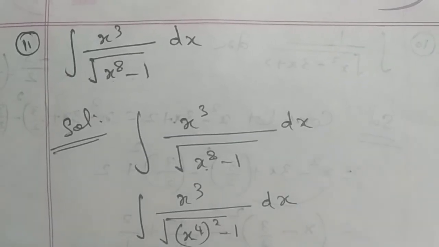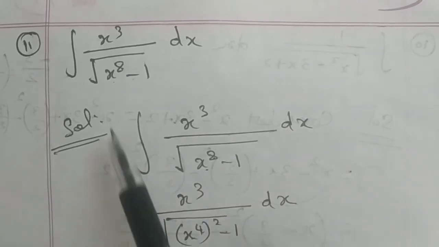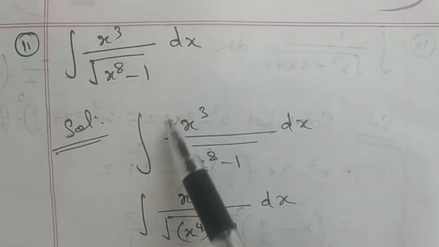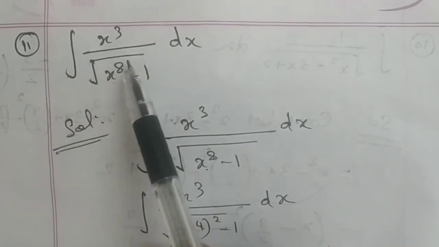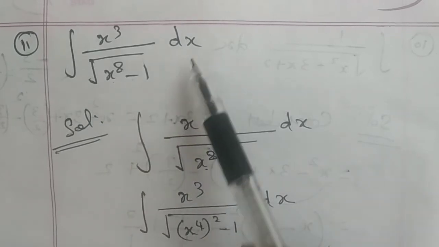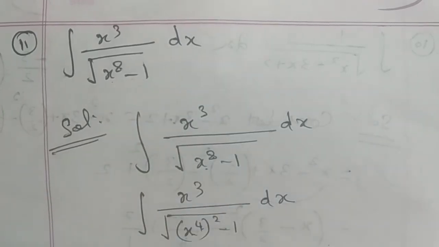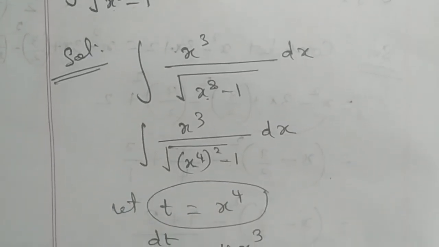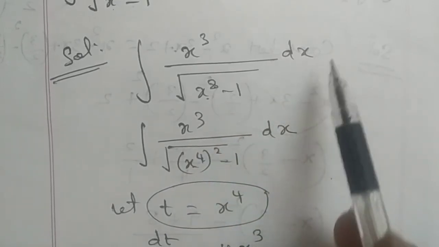Question number 11. Integral of x cube divided by square root of x power 8 minus 1 into dx. So solution: integral of x cube divided by square root of x to the power 8 minus 1 into dx.